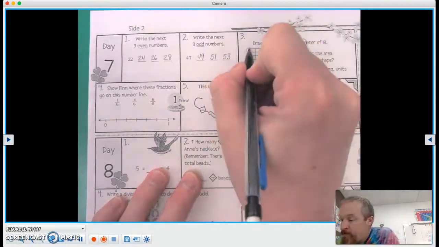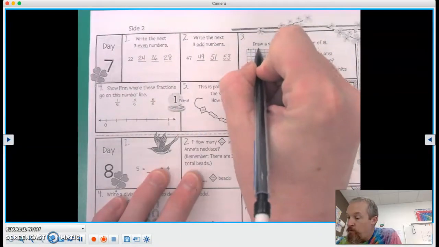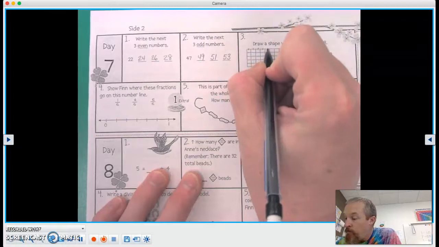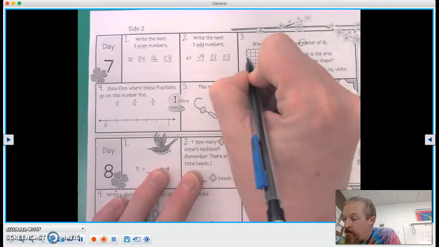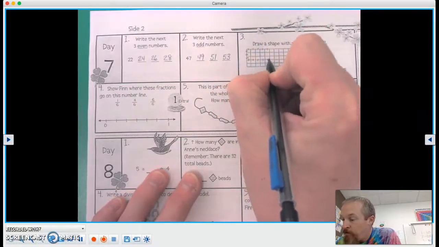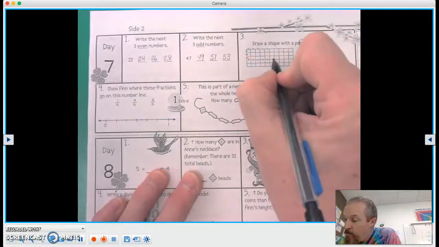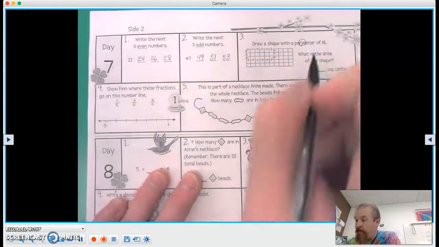So every one of these little lines right here is going to be 1, 2, 3, 4, 5, 6, 7, 8, 9, 10, 11, 12, 13, 14, 15, 16, 17, 18.